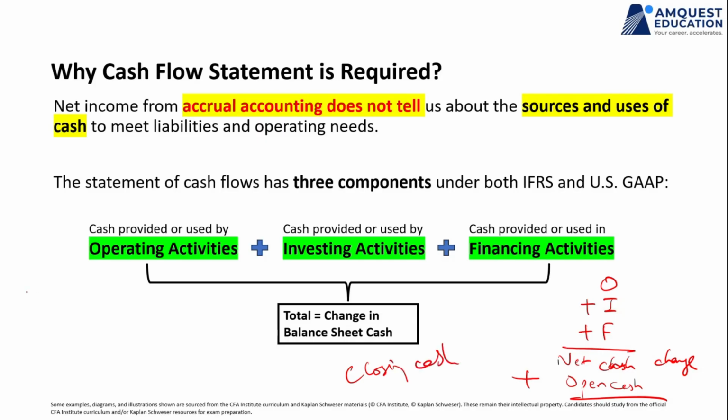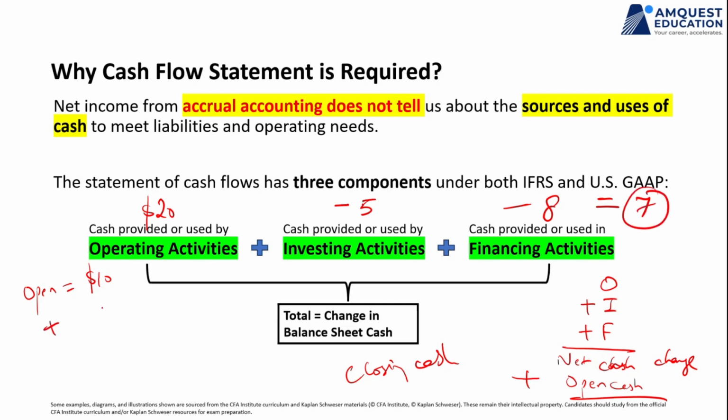So you can say I'm starting my day with $10. Throughout the day, I earned $20 in operating. I've spent $5 in buying an asset, and another $8 in financing, which means I'm ending with 20 minus 13, $7.